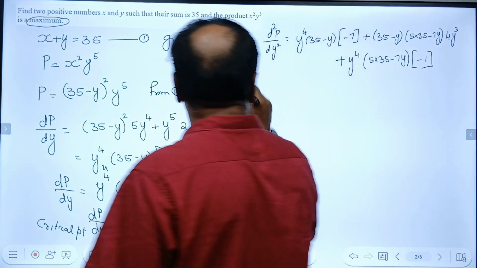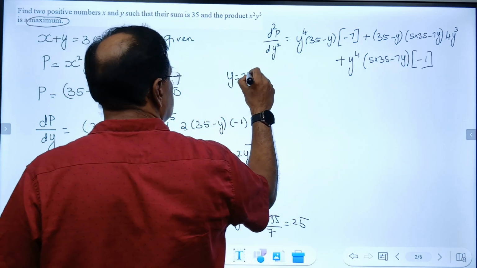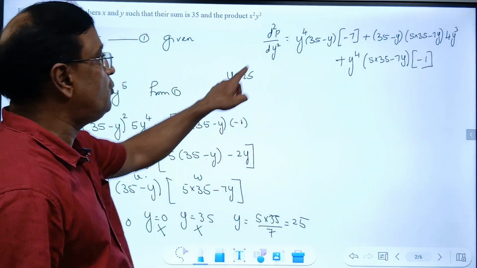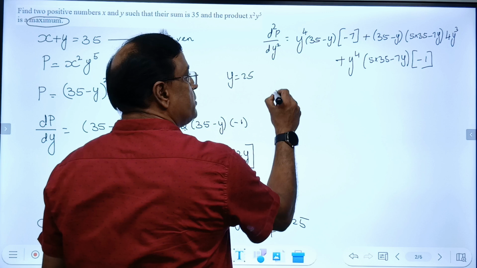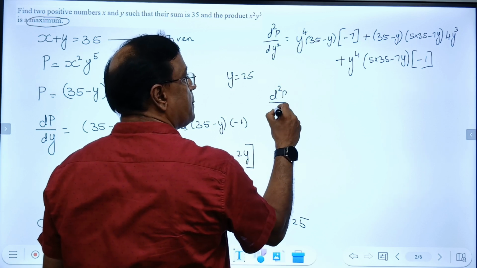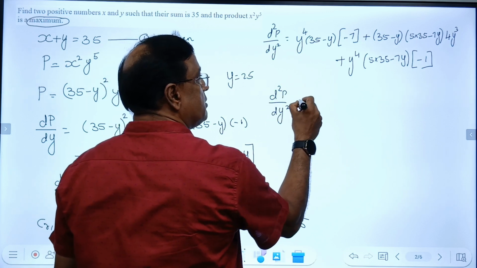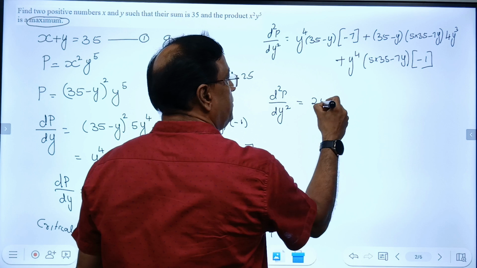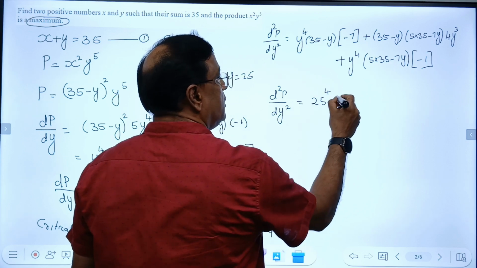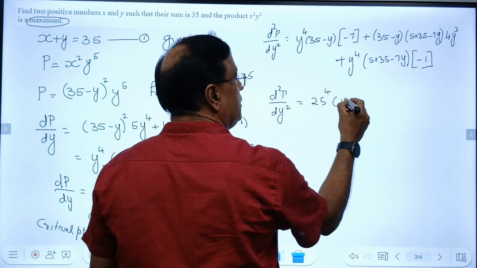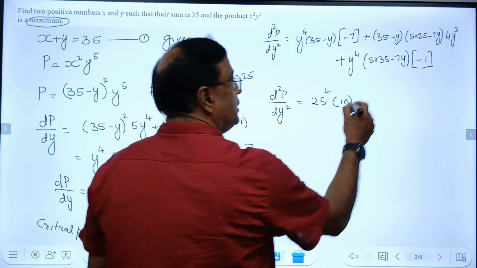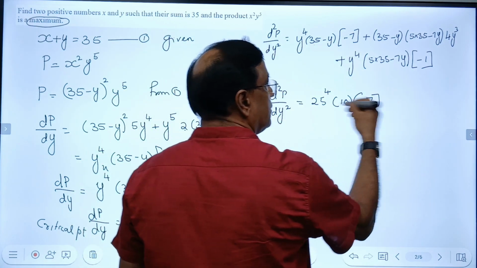Now I take y equal to 25 and substitute. When I put y equal to 25, see what happens to d square P by dy square. It will become 25 power 4, which is positive, and 35 minus 25 will be 10, that is also positive, into minus 7.